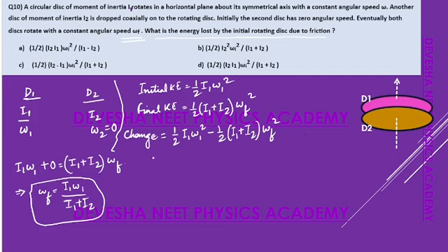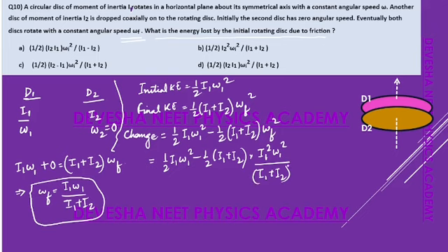Now this one we can also write as half I1 W1 square minus half (I1 plus I2) times WF square, and WF we know is I1 W1 divided by I1 plus I2, squared.